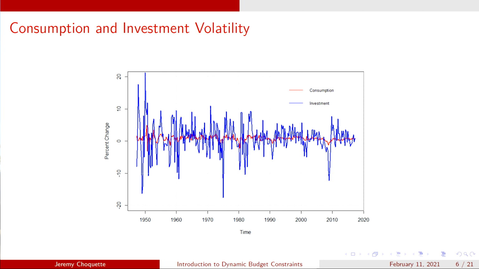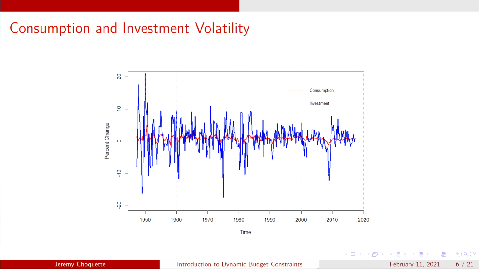When it comes to talking about the volatility of investment, take a look at this right here. What I've done is I have basically broken both consumption and investment down to percent changes over time. We can see that investment is extremely volatile. It's bouncing all over the place. Let's see, probably a negative 17 or 18% drop in investment and as high as about a 21 or 22% increase in investment.